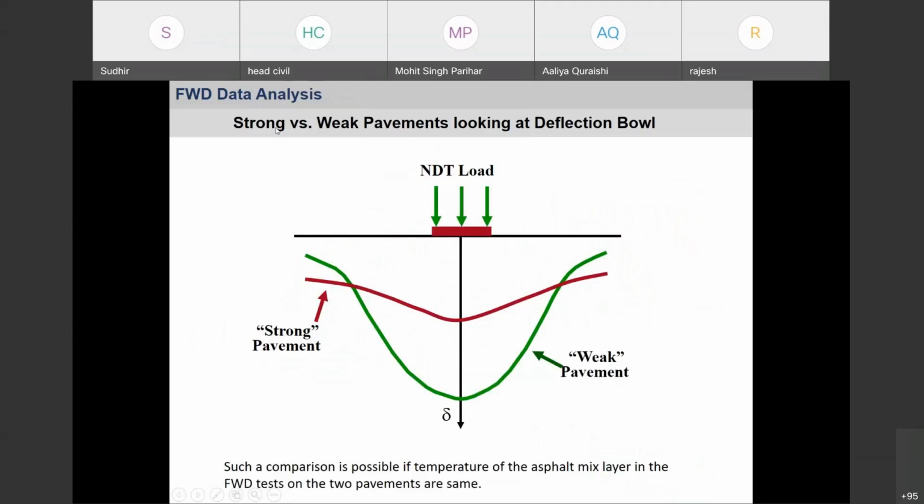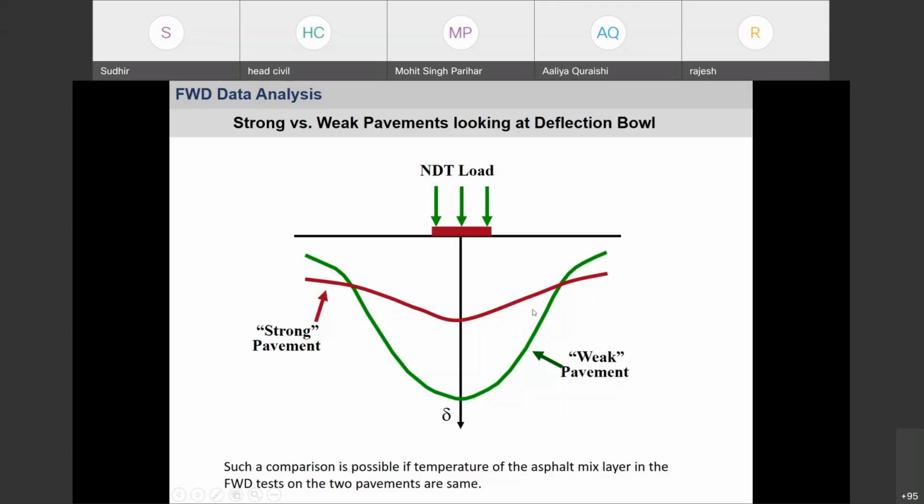Now, by looking at the bowl, you may have some qualitative understanding. If you consider two different pavement structures which have the similar or same pavement thicknesses, which have undergone the same loading but have different deflection bowls, then from the deflection bowls, you may try to comment which pavement structure is stronger and which is weaker.